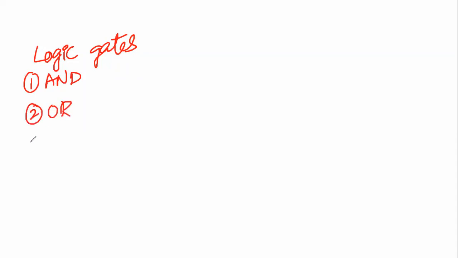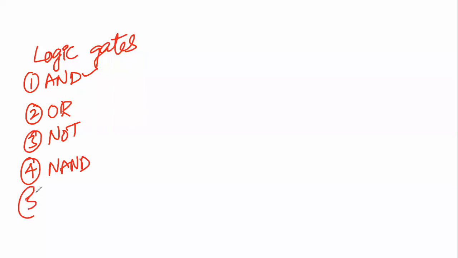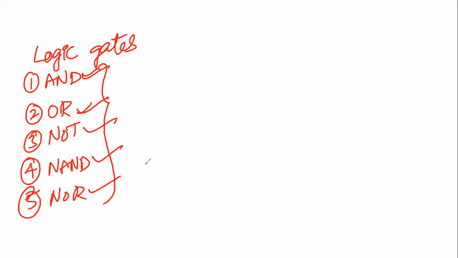Logic gates include the AND gate, OR gate and NOT gate. AND gate and NOT gate combined is called the NAND gate. The OR gate and NOT gate combined is called the NOR gate. So we have discussed the AND gate, OR gate, NOT gate, NAND gate and NOR gate.